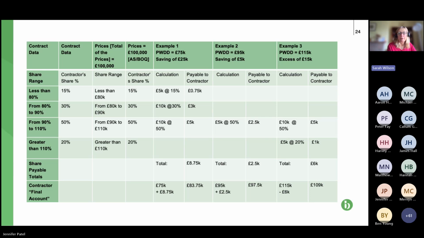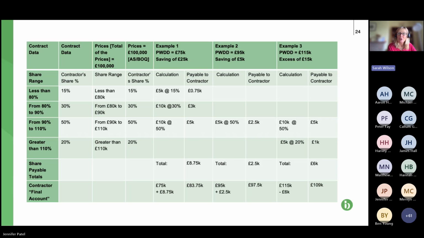And then from 90 to 100% in our case is 10,000 again. So this is the line that says from 90 to 110%. It's quite difficult doing this on a slide. It's far easier in person.